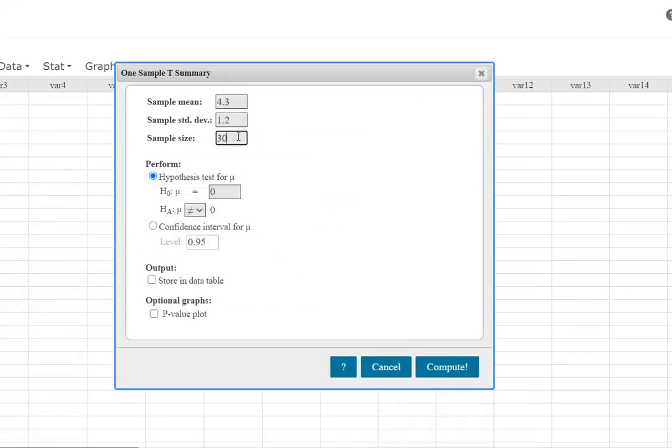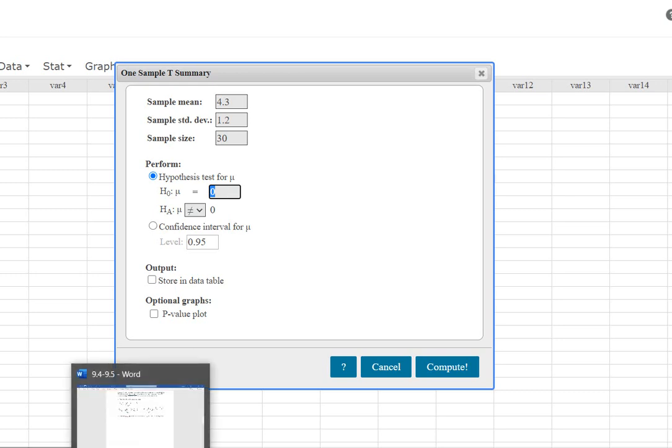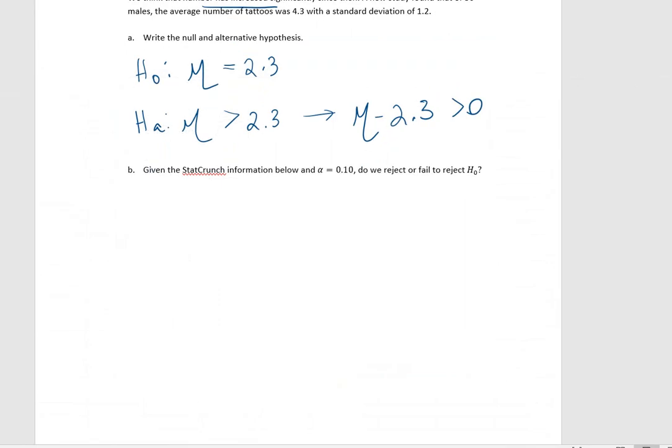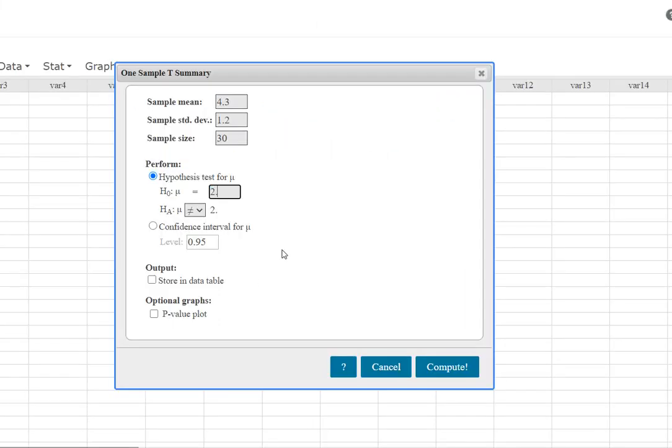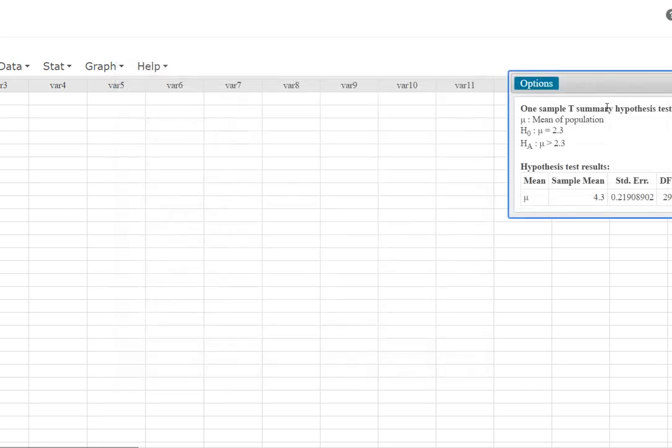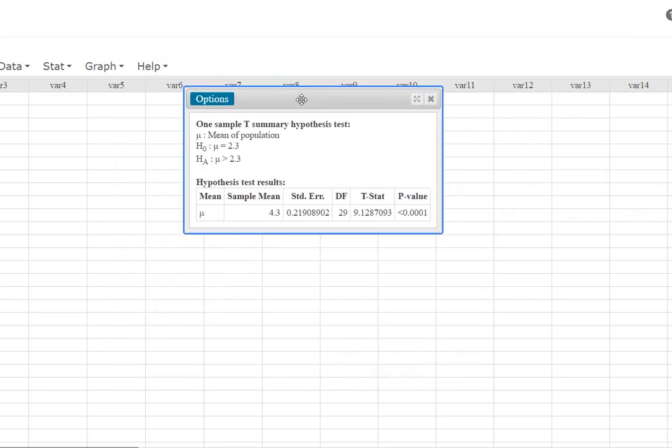We looked at 30 males, and our null hypothesis is that mu still equals 2.3. And remember, don't forget to change the alternative hypothesis. We think that it's gotten larger. We hit compute, and what we see here is that the p-value is less than 0.0001.